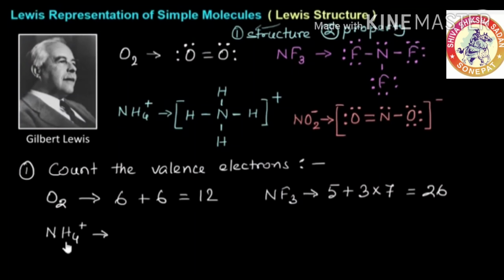Next molecule is ammonium. In ammonium, one atom is nitrogen, which contains 5 electrons, and the others are 4 hydrogens. So, 4 is the number of hydrogen atoms and 1 is the number of valence electrons in one hydrogen.